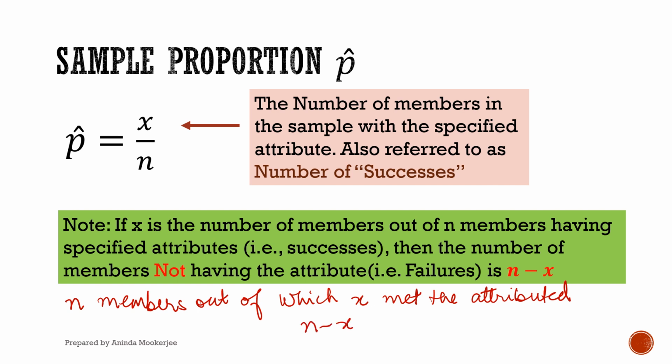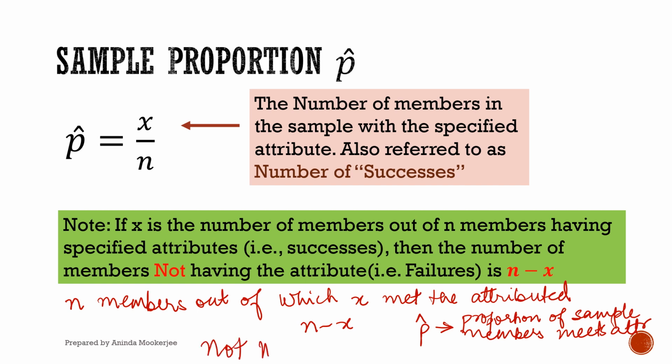Now, likewise with proportions, if we know that p hat is the proportion of sample members meeting the specified attribute, then the proportion not meeting the attribute can be found easily by the formula 1 minus p hat.